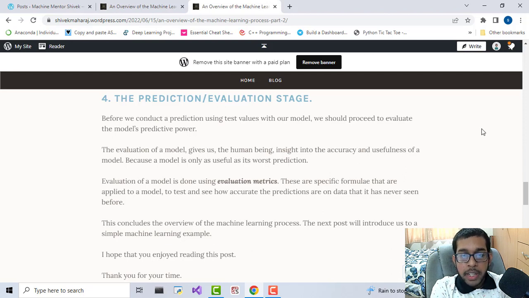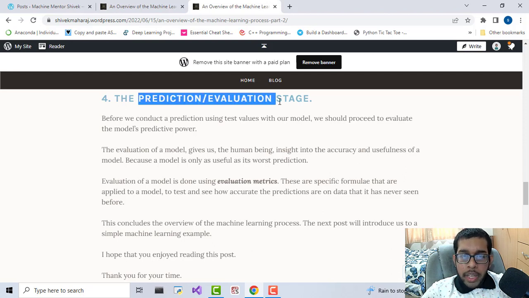Okay, now, before we actually wrap up this video, guys, you may be wondering, why call it the prediction and evaluation stage? Now, I've specifically merged these two together because it is very good practice, in my opinion, to first evaluate a model and then conduct predictions.